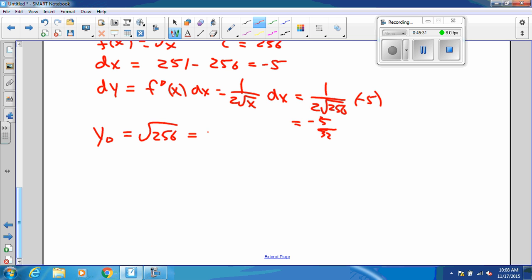And since the original y, which was root 256, was equal to 16, my new y is approximately equal to the original y plus dy, which is equal to 16 plus negative 5 over 32, which is whatever it is.